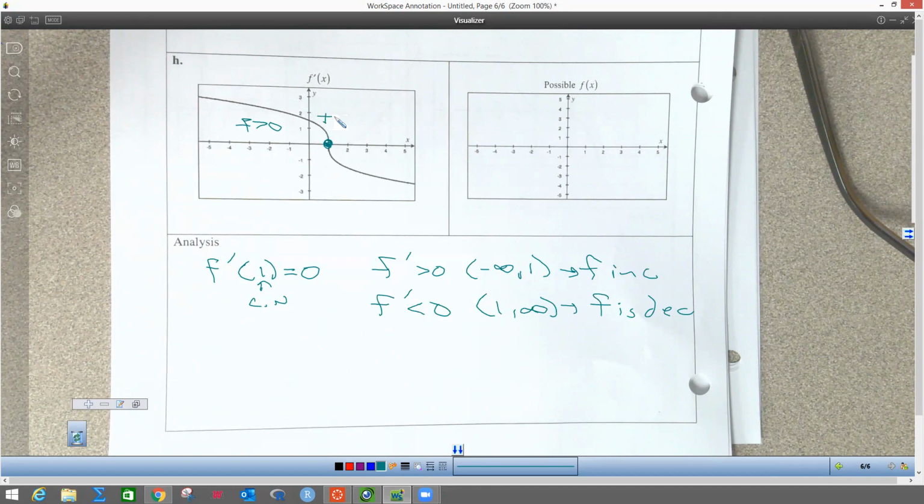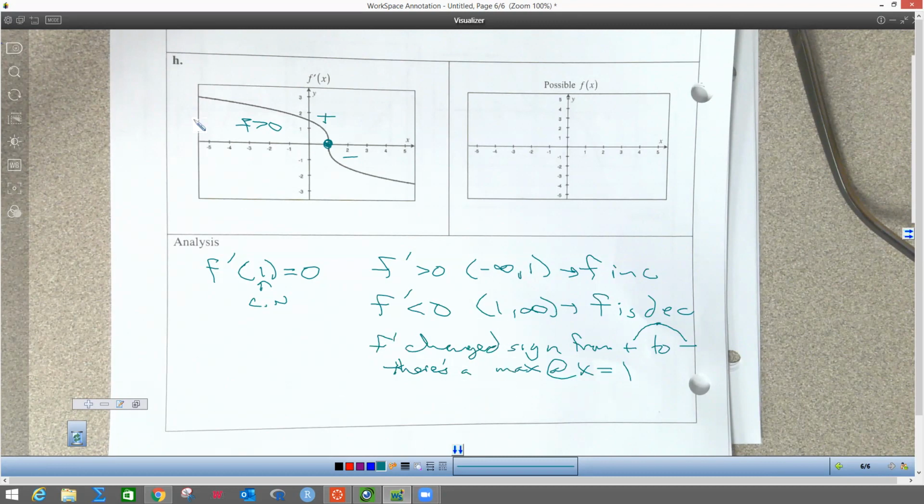Well, this is positive, this is negative, so f prime changed sign, this time from positive to negative. So that means it was going up, coming down, which means there's a max. There's a maximum at x equals 1. So now 1 is the important point on this one.